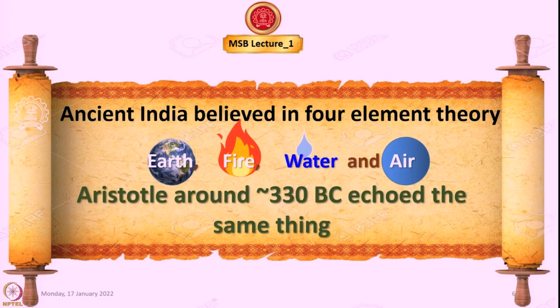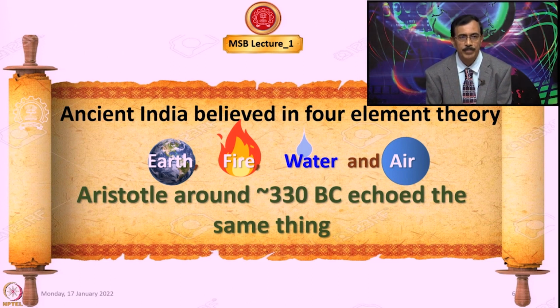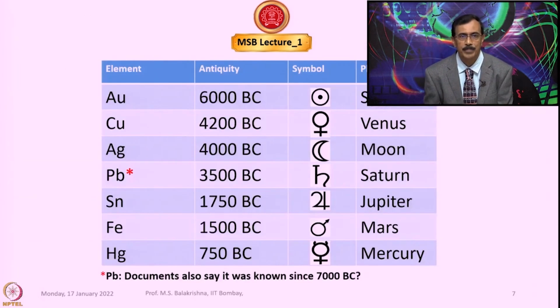And ancient India, so when I say ancient India, I am talking about 5 to 8,000 years back, believed in the 4 element theory, that is earth, fire, water and air. And about 2300 years back, Aristotle also opined the same thing that Indians felt about 8000 years back.